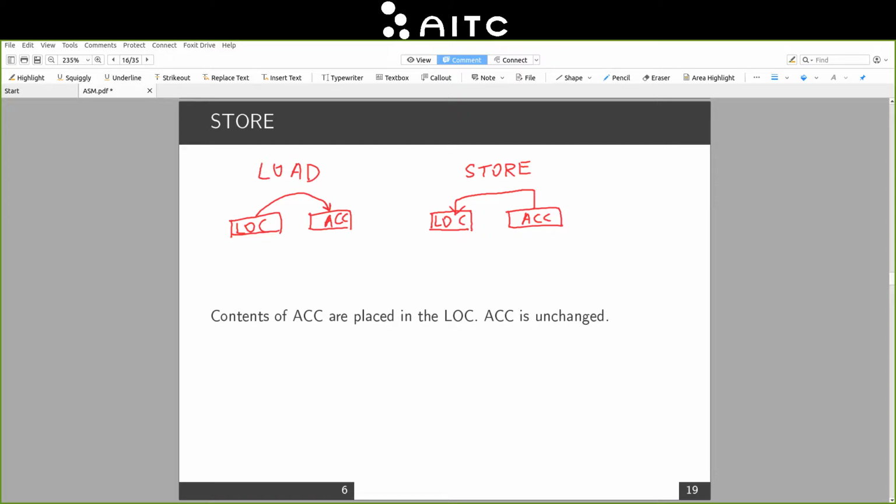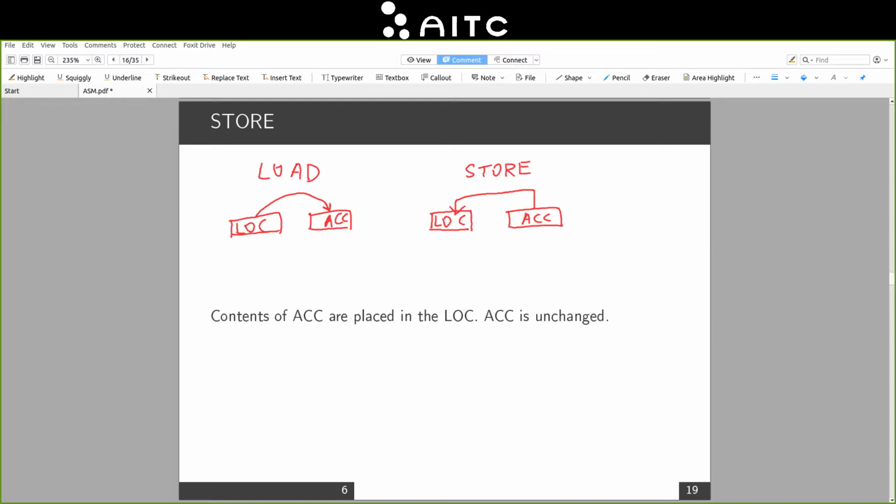This is the relationship between them. The contents of ACC are placed in the LOC, that means store, right?